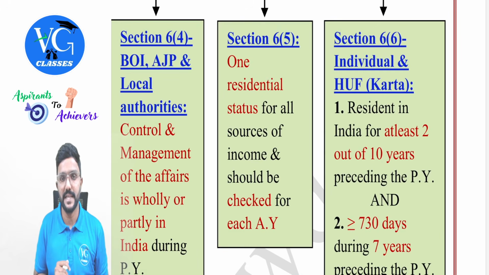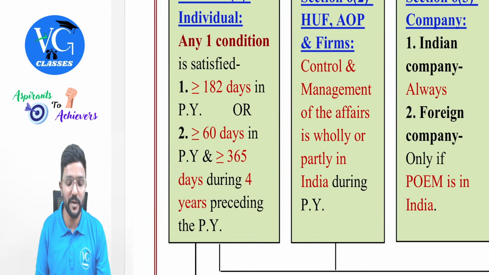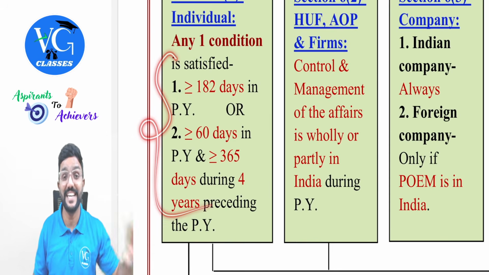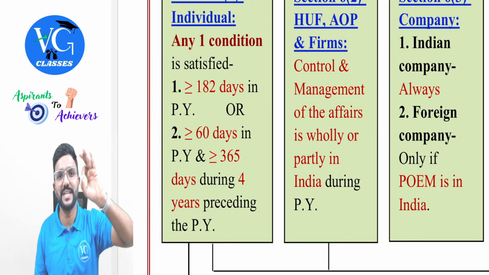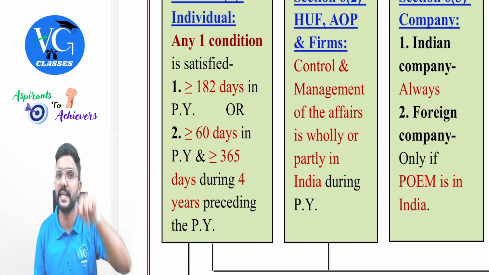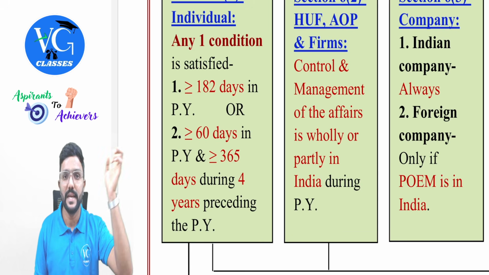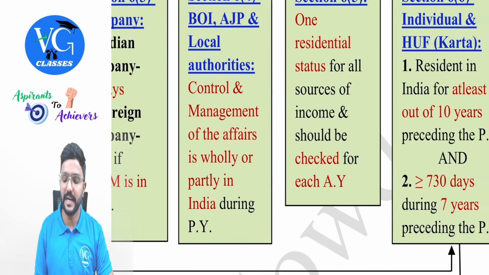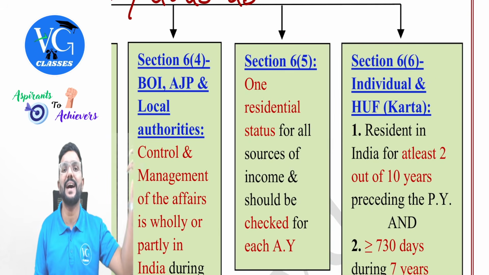And of course, now in the past, that is last 10 years, when an individual will be a resident in India, they have told at least for 2 years out of last 10 years, they should be resident in India, right? Yes, sir. When they will be resident, if they have satisfied any one of this condition, correct? That is in the past. If an individual has satisfied any one of this condition, then they would have become resident in that respective year. In that scenario, can we consider that they were resident in that past year?